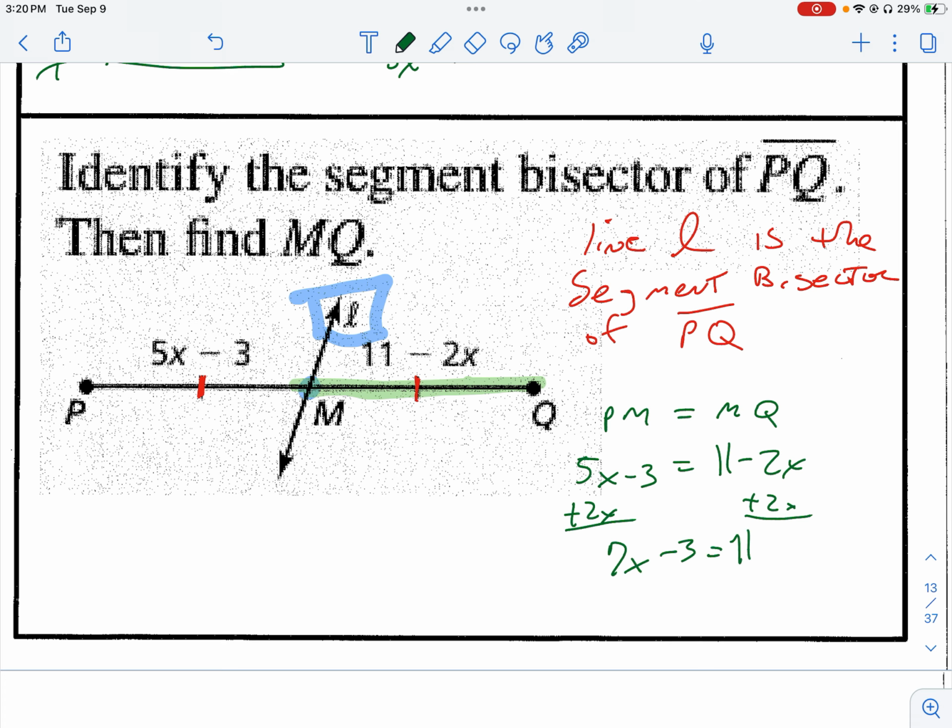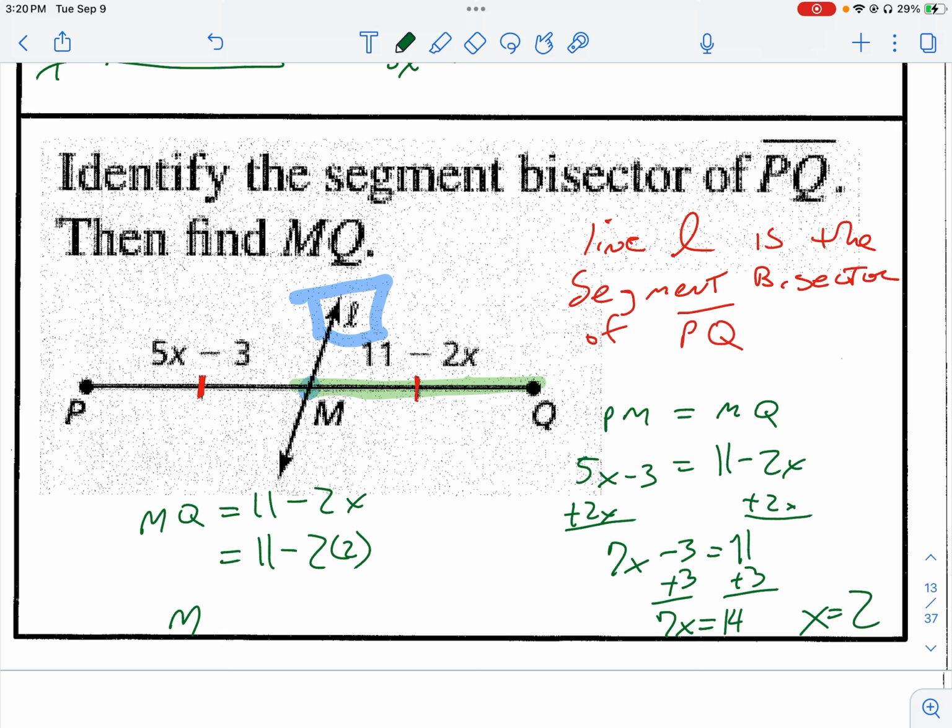Let's make that a little neater. 7x equals 14. So x equals 2. We got to find MQ. MQ equals 11 minus 2x. X is 2, so 11 minus 2 times 2, which is 4. So MQ equals 7. And if you got 7, great job.